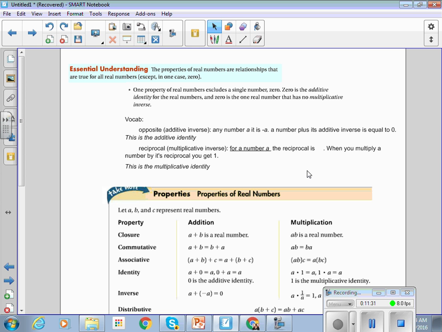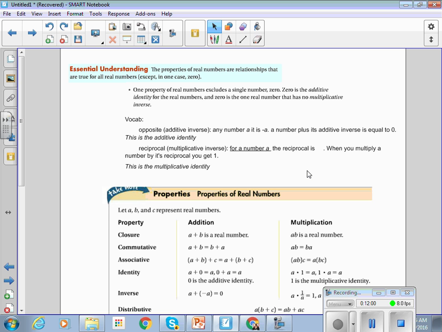For any number A, it is negative A. So if you're looking for an additive inverse, you just change the sign of what you're originally starting with. So a number plus its additive inverse is always equal to 0. So you can ask yourself, what do I add to this number to equal 0? If it's a positive number, it would be a negative value. If it were a negative number, it would be a positive value.